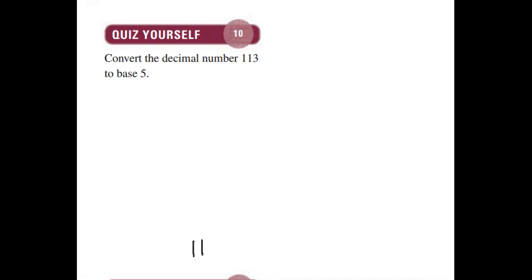So 113 divided by 5 is 22, remainder 3. So we need the quotient and the remainder. Until the quotient is 0, we keep dividing by 5.